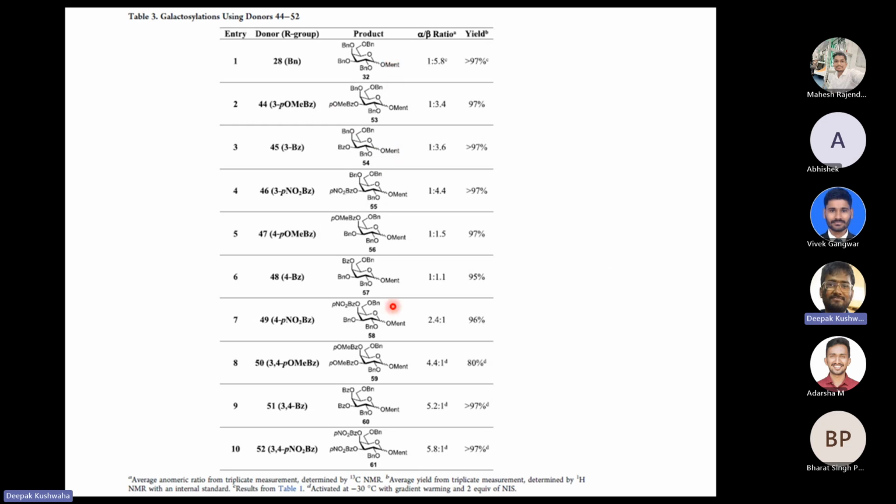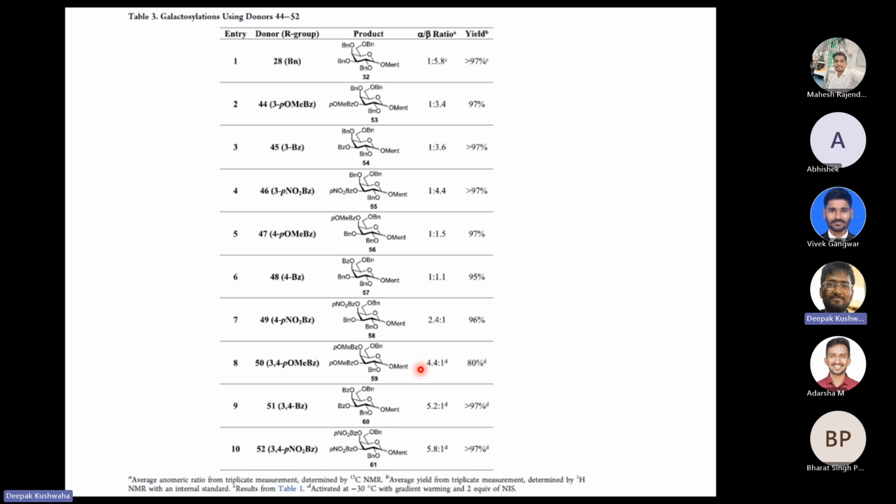In all these experiments, the moment they use an electron deficient protecting group, they observed that the reaction is not getting completed at the same temperature and same equivalent of NIS. So in these cases they have to use two equivalents of NIS, and increase the temperature from -78 to -30 degrees Celsius. Only then is the reaction getting completed. So they found that this is not good for comparing the results for all the cases.